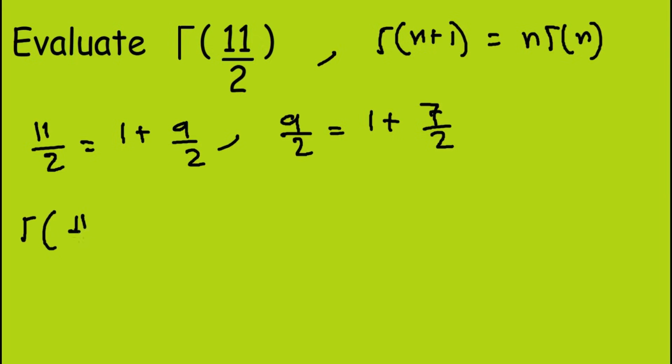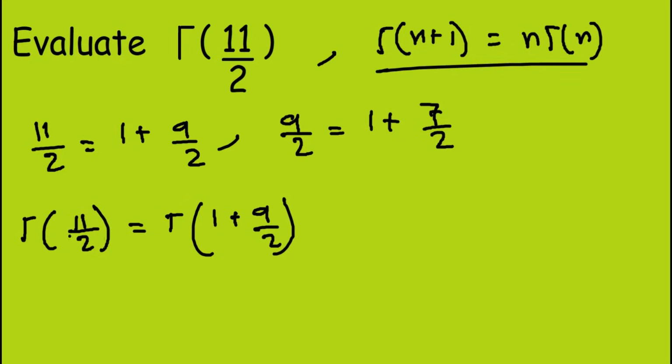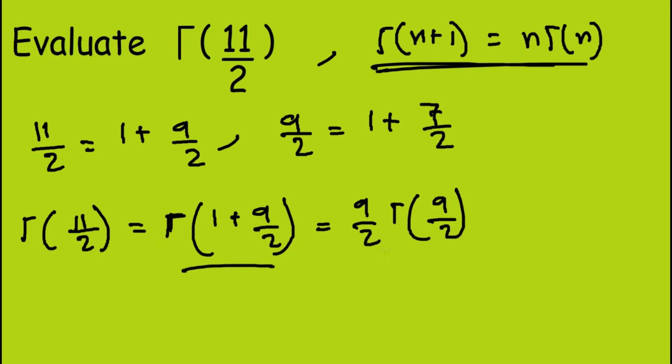So gamma 11 by 2 equals gamma 1 plus n by 2. If you compare, the value of n is 9 by 2. Hence I can write this further as 9 by 2 times gamma 9 by 2. I hope this is clear.